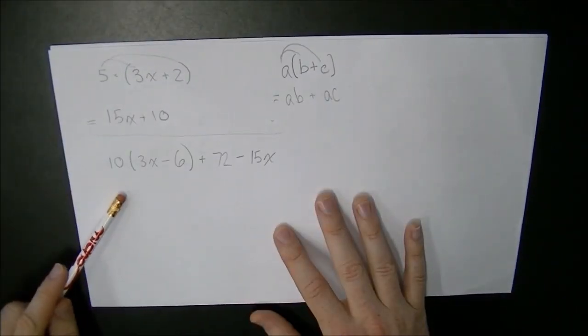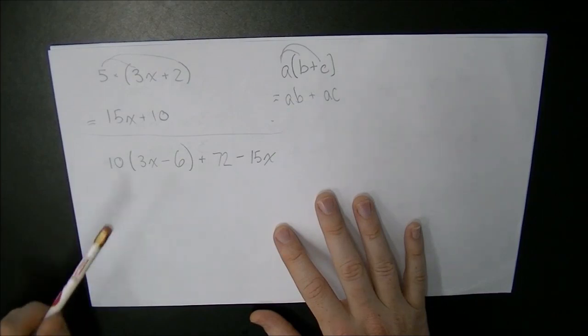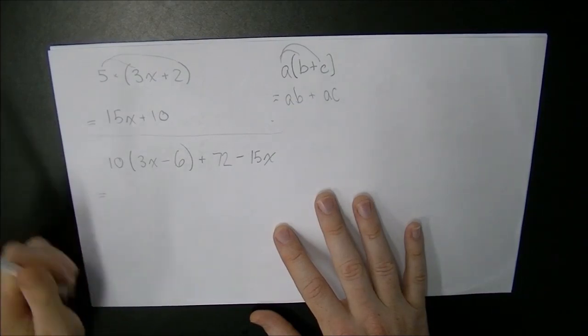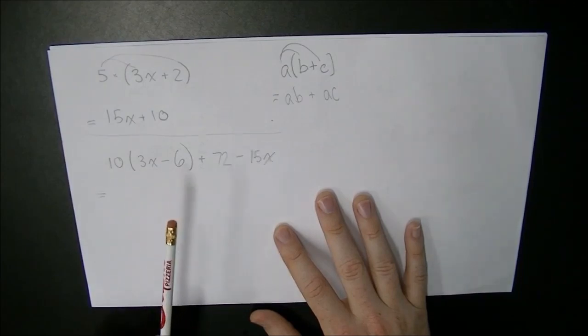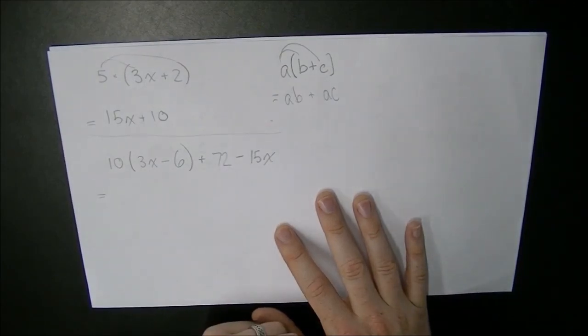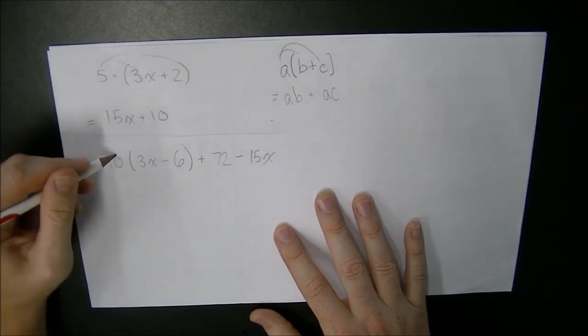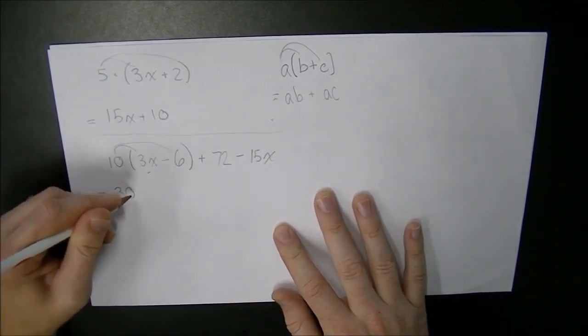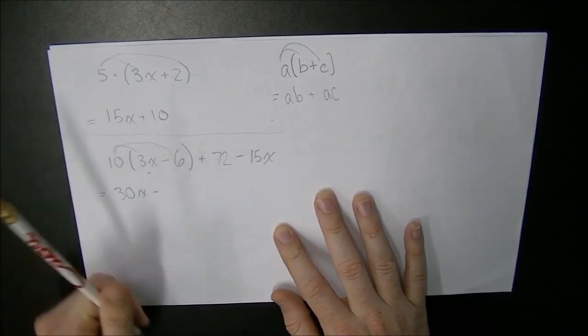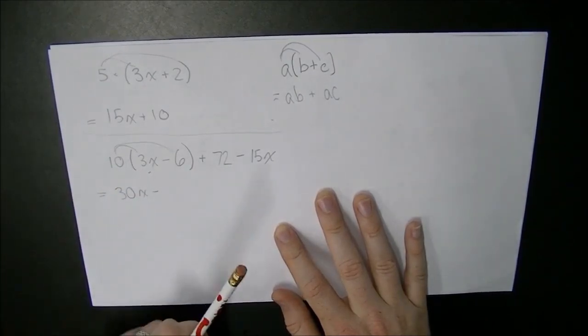Okay, now let's look at this example. To simplify this, once again, we've got something to distribute, so we'll distribute that first. And then we're going to do a thing called collecting like terms. So let's start with the distribution. We're going to multiply 10 by 3x, so that's going to be 30x. And then 10 times negative 6.